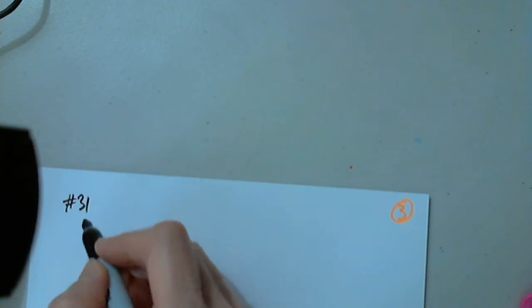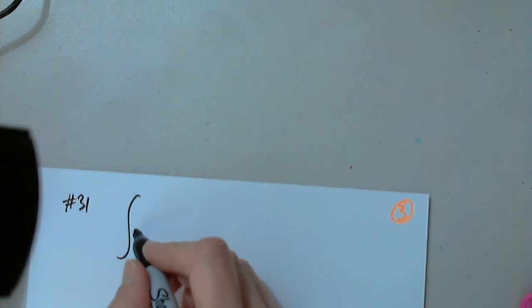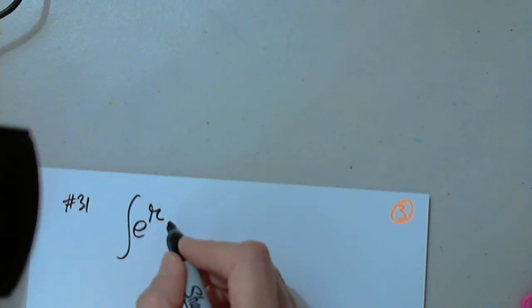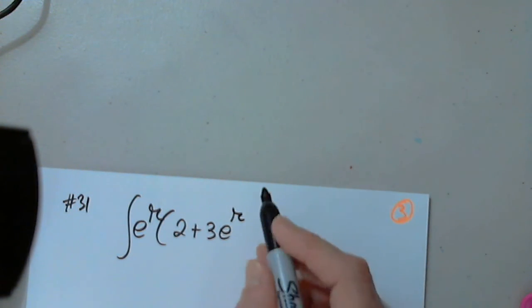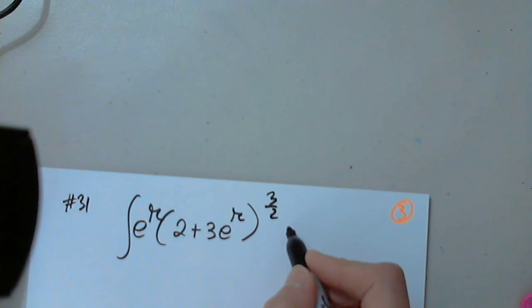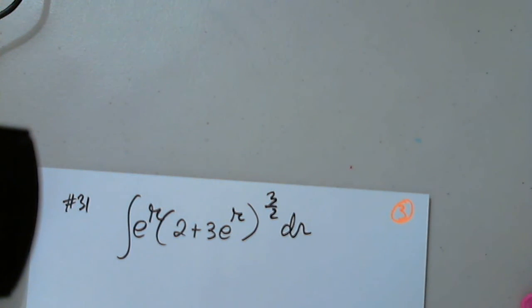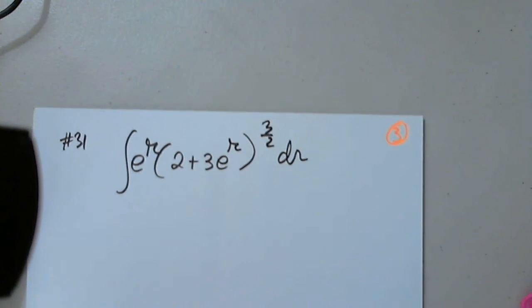31. It's the integral from e to r 2 plus 3e to r raised to 3/2 dr. Am I copying it correctly? E to r 2 plus 3, e to r 3/2. Okay, so what do you think?